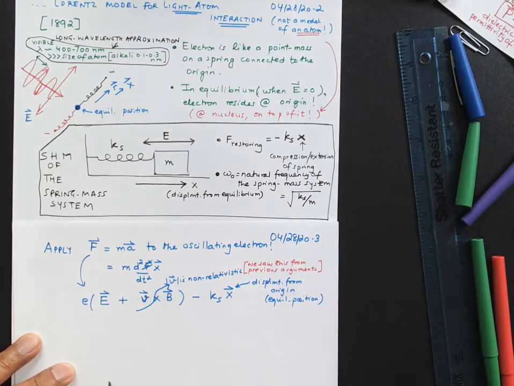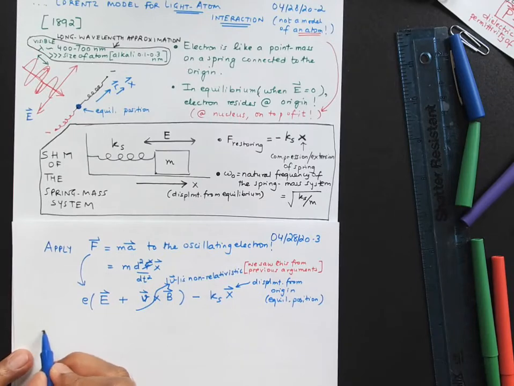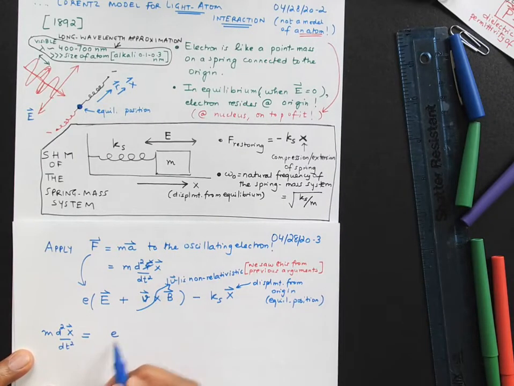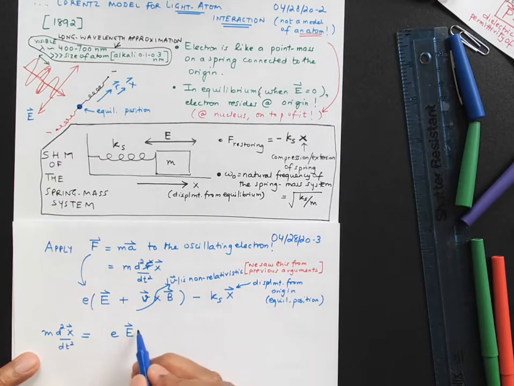And so the equation becomes m times the second derivative of x with respect to time is equal to the electric field, and this electric field is a function of x.